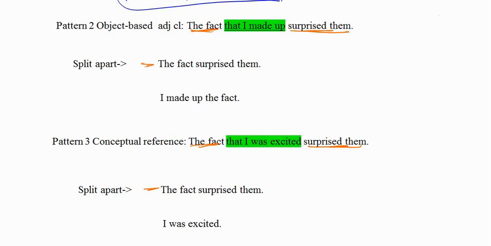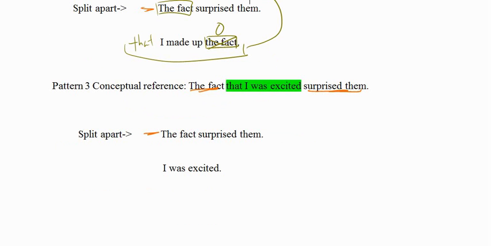In the second pattern, the noun that matches, same noun, is currently the object of that sentence, and so you do the same transformation. You take out the noun, you plug in the relative pronoun at the front, and now this whole unit is moved and attached to the noun that it describes.